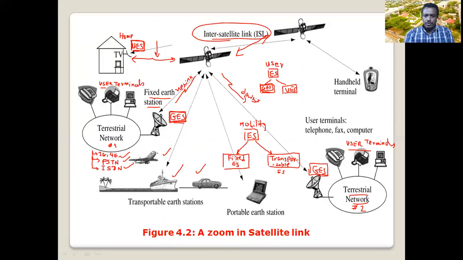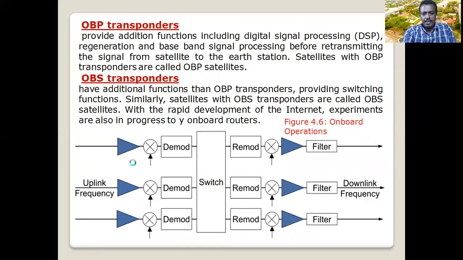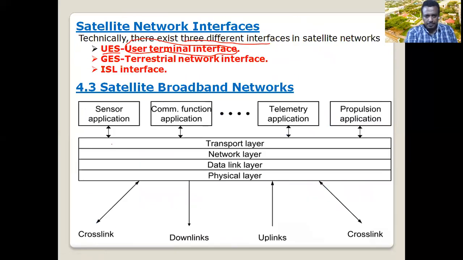These terrestrial networks will communicate with the satellite transponder in space. Again, here we need an interface, but the interface is different. The interface is between the network on the ground and the satellite transponder. That interface is what we call the gateway Earth station terrestrial network interface.